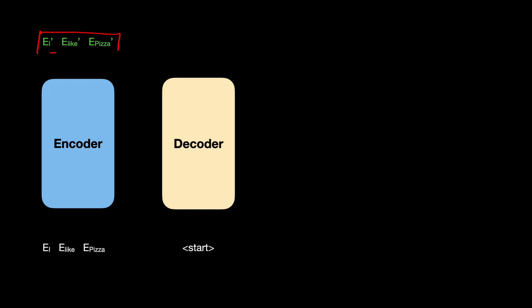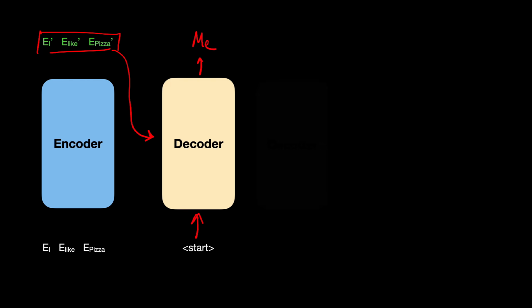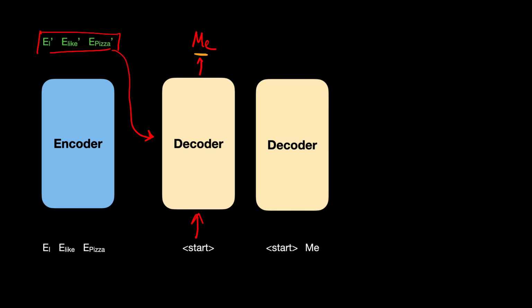Now the output of the encoder will be fed into the decoder along with the start token, and the decoder will start its decoding process and generate the first prediction. Let's say this prediction is the Spanish word me. Now in the next step, the decoder will take in the predicted word me as the input along with the start token as well as the encoder's output, and it will make its second prediction.